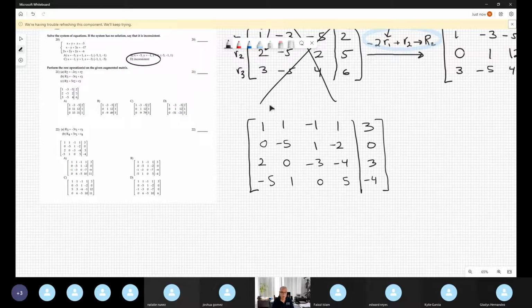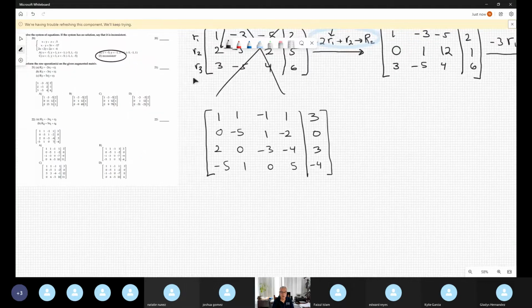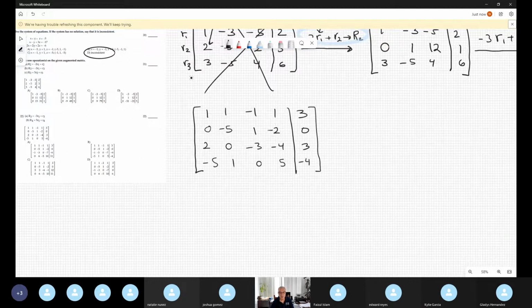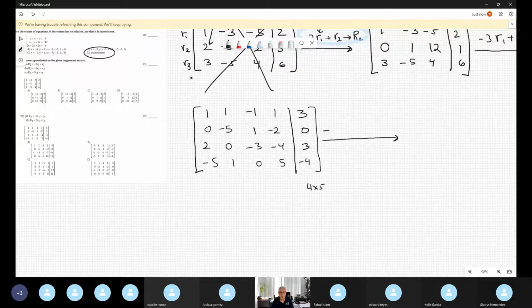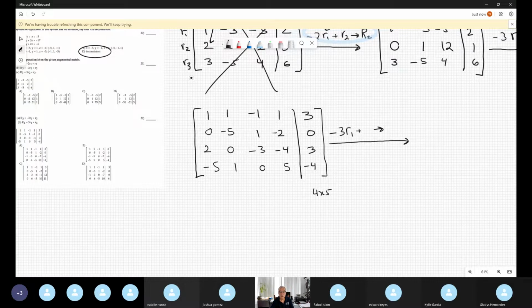Okay, so now this matrix dimension is 4 by 5, 4 rows, 5 columns. I need to perform the row operation minus 3 R1 plus R3, stored in R3.